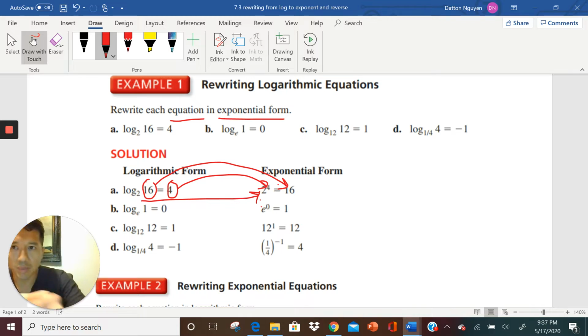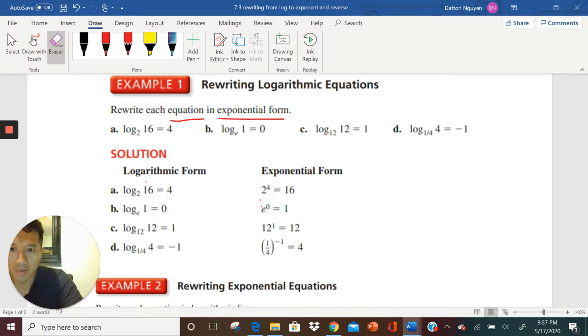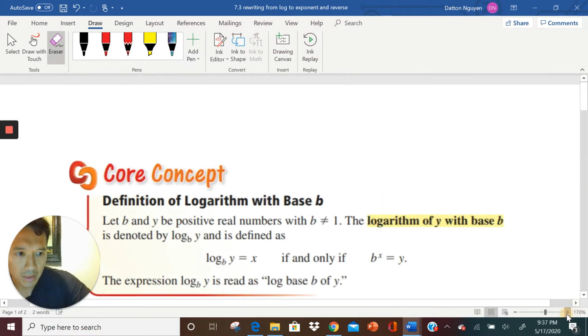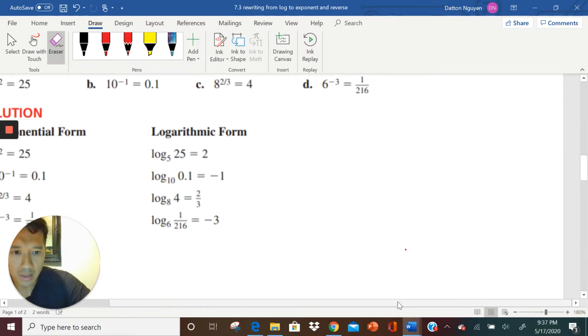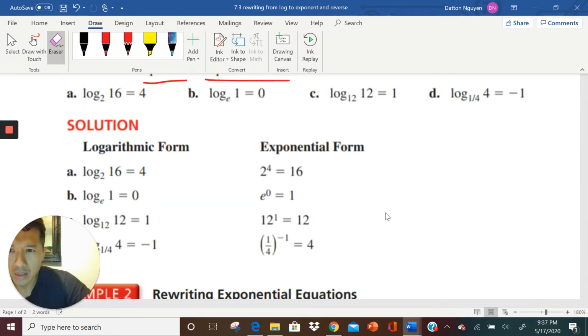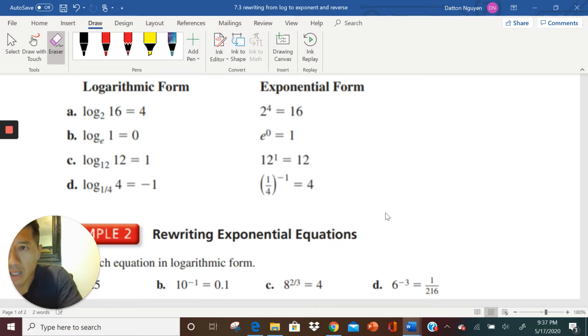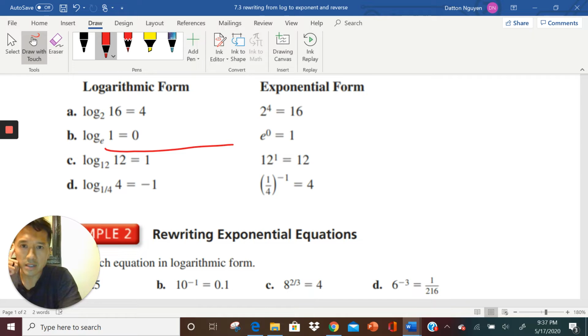And so you can go ahead and repeat the steps again for part B. So in part B, E is your base, right there.